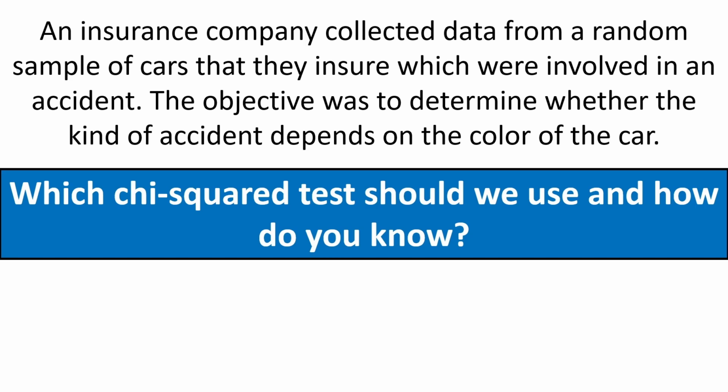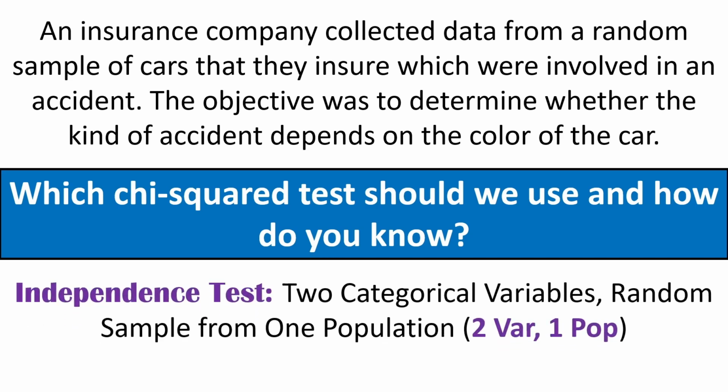Well, we do, because we're looking at the kind of accident, so that's one category, and the color of the car, that's another category. So 2 categorical variables, and the population would be all of the cars that the company insures. We're taking a random sample of, as you will see, 200. So we're taking a random sample from a single population of all the cars that the company insures. So indeed, it's an independence test.